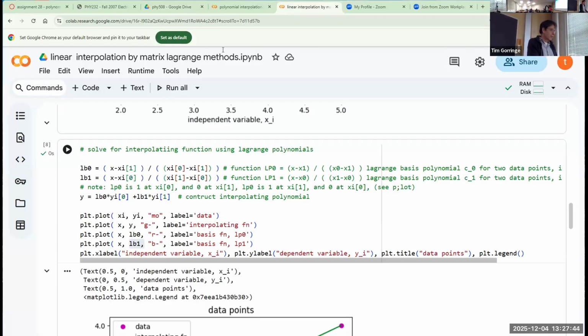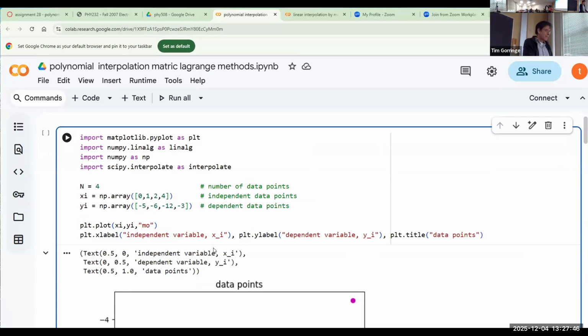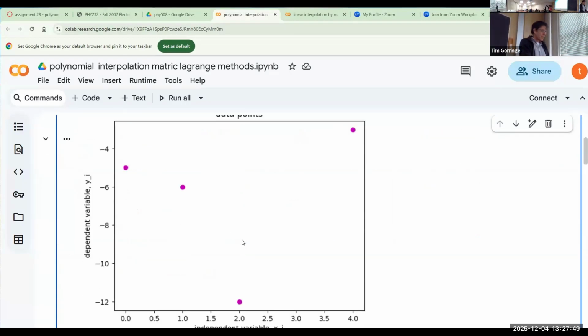But you'll see that with this, I did a similar problem, not with the same data points. Here are 4 data points. And so I define the 4 data points with a pair of vectors, a vector xi for the independent variable, yi for the dependent variable. And then I went ahead and found the interpolating polynomial through these 4 data points.